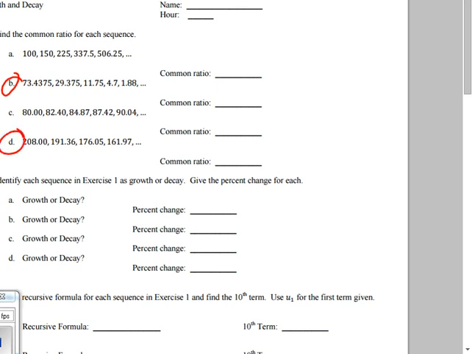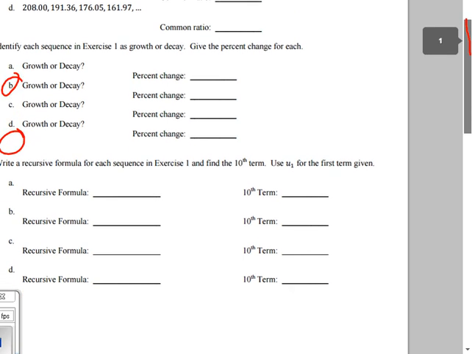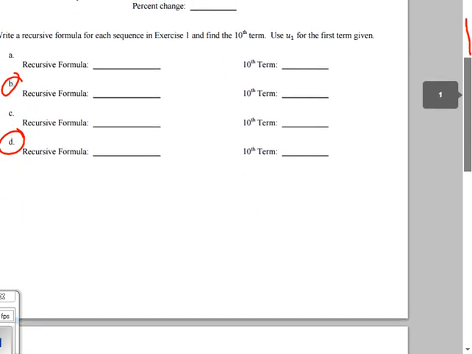And the weird thing about this worksheet is that number 1, 2, and 3, they all apply to each other. So if you can see on 2 here, they identify the sequence in exercise 1 as it grows. So we'll just follow through. You'll do B and D for 1, for 2, and for 3.